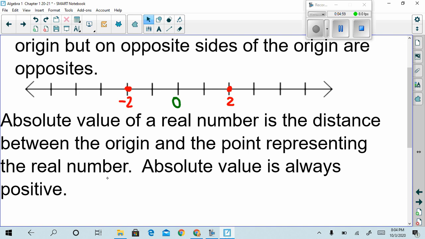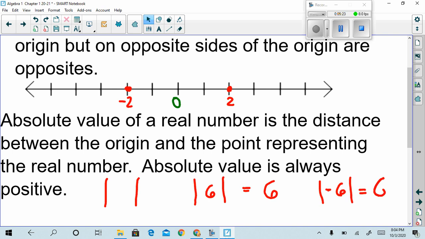So the symbols would be just these 2 parallel lines. If I see a number in between those two parallel lines, this is asking for the absolute value or the distance from the origin, and that's just 6. The same would be true if I took -6 and said, what's the distance from -6 to the origin?